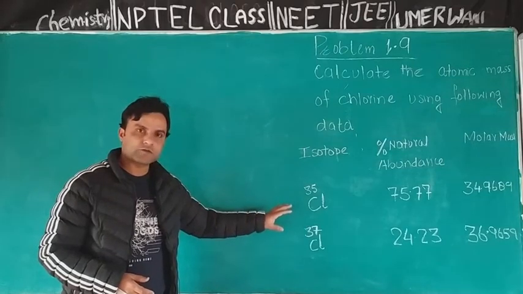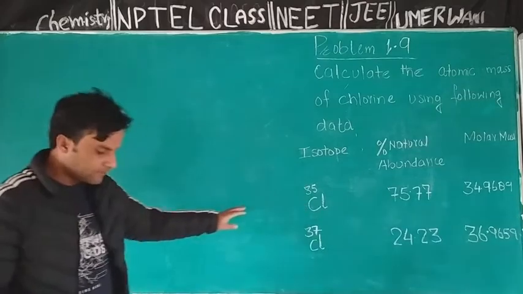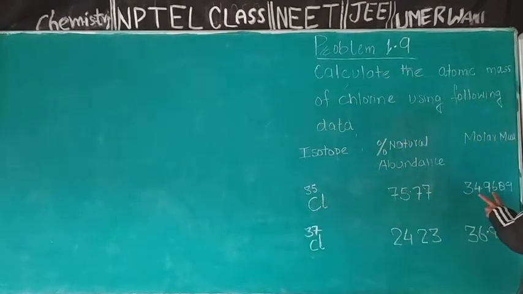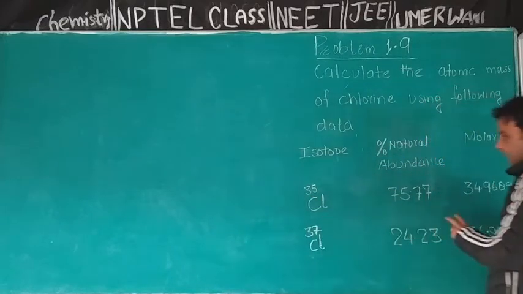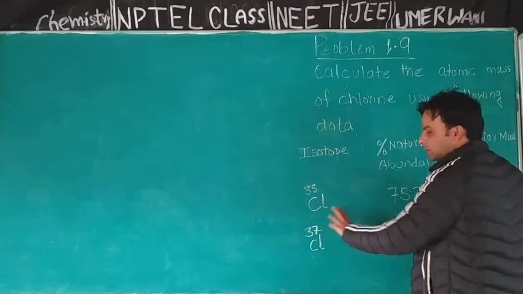Each has its own relative atomic mass. The relative atomic mass of one isotope is 34.9689, approximately equal to 35, and that of the second isotope is 36.9659, approximately equal to 37.